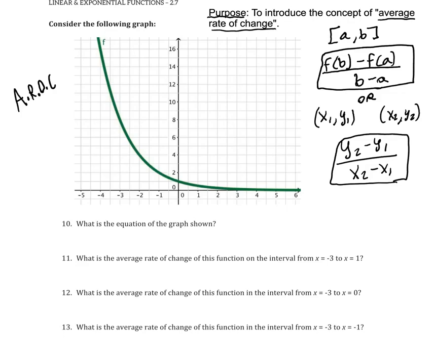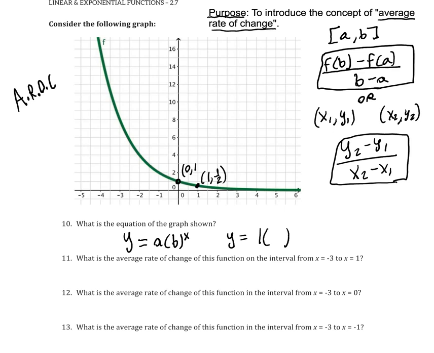So first off, we have to think of an equation of this graph shown here, and it's an exponential function, so we're looking for something of the form a times b to the x power. It's starting at 1, so I know it's going to be y equals 1 times something to the x power. So it's going from 1, and then down here this looks like maybe (1, 1/2).